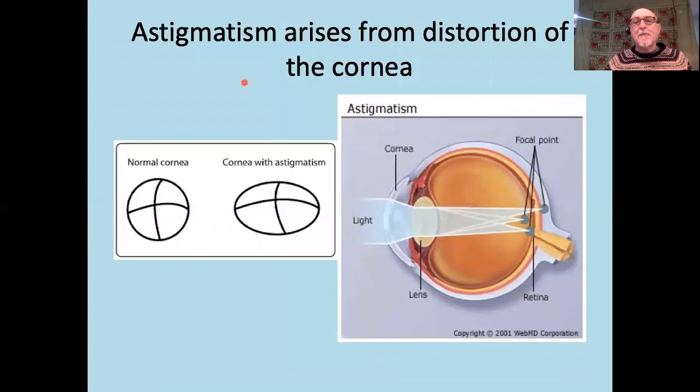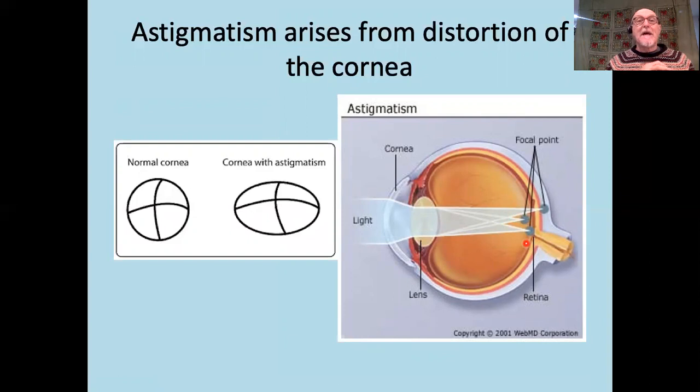And astigmatism results in multiple focal points. Instead of just forming a single image on the retina, some of the image falls behind, some of the image falls clearly ahead, and it gives rise to distortions in the shape that people are looking at.